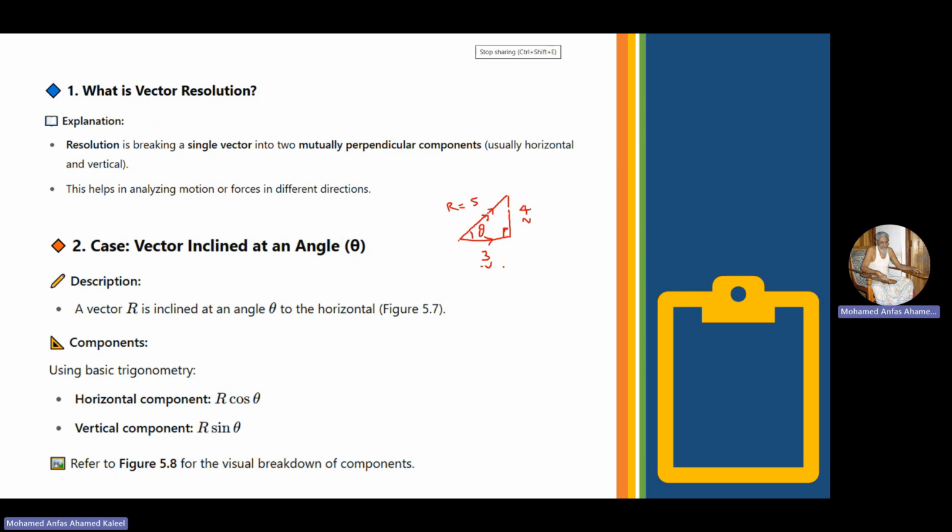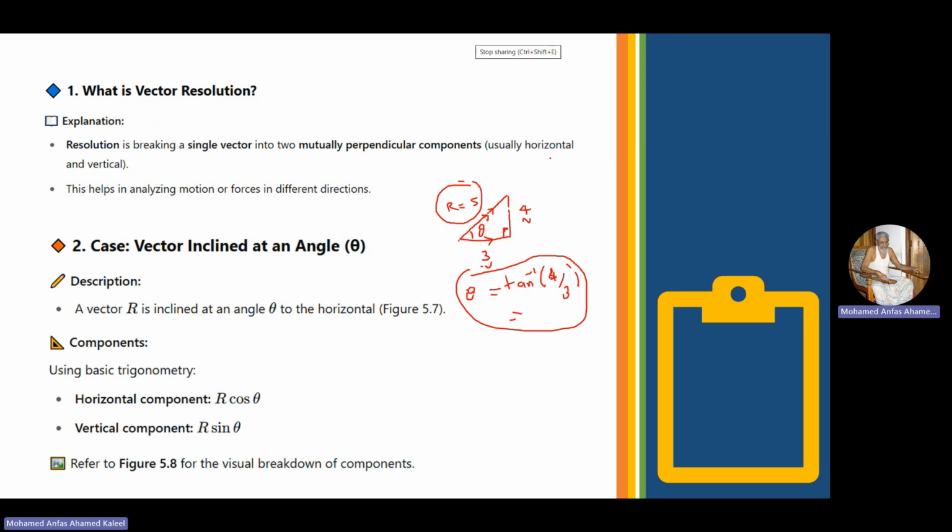The direction we can find using a trigonometric formula: theta is tan inverse of 4 over 3, with the horizontal. So that is the resultant's magnitude and direction, which we can derive geometrically.